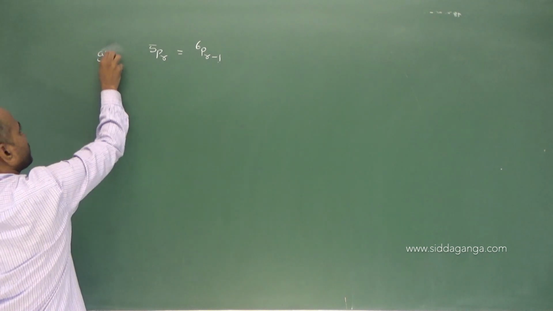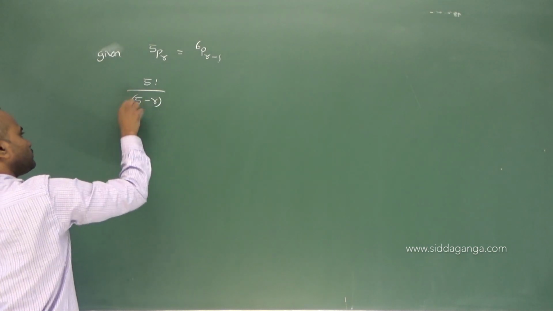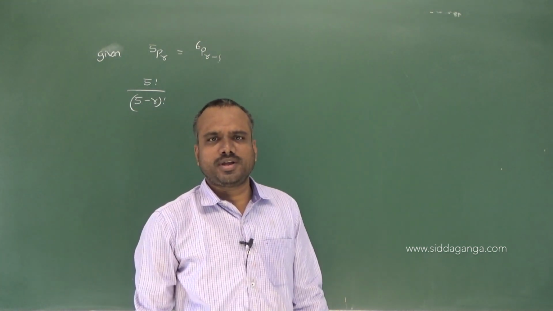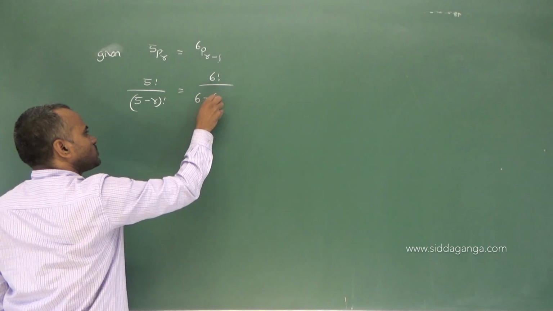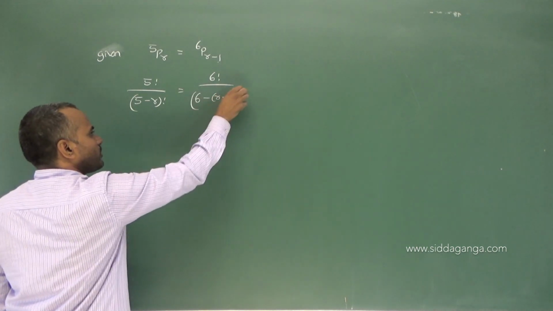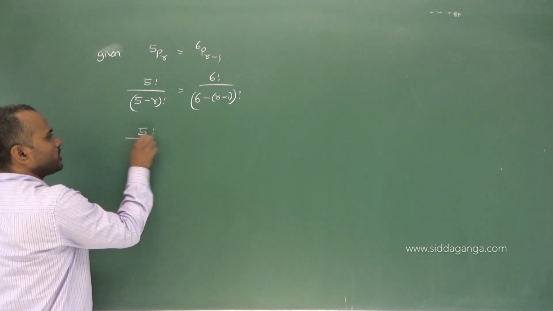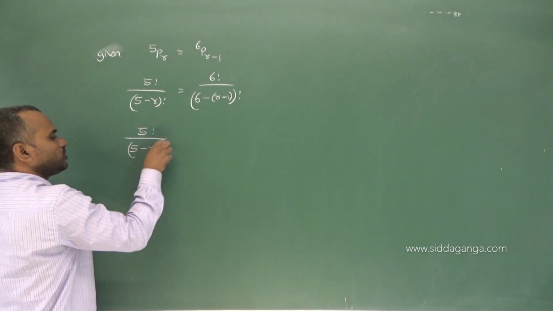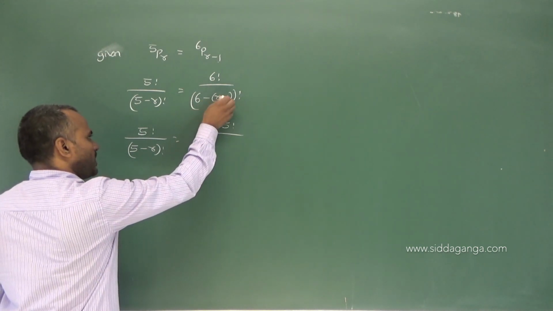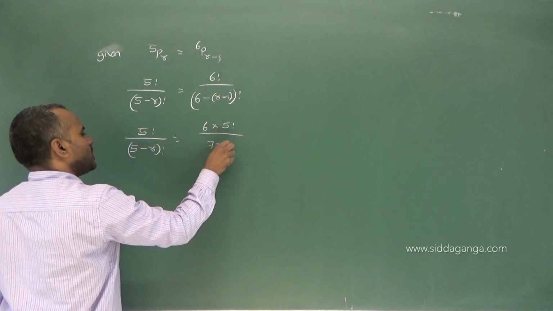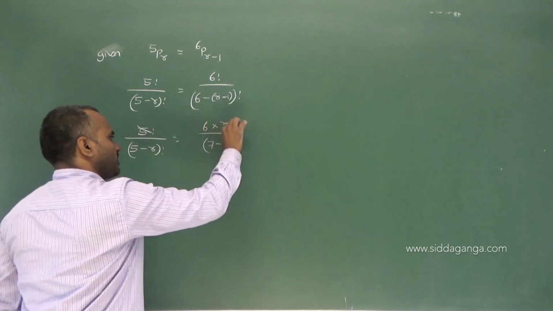Given 5 factorial divided by (5-r) factorial equals 6 factorial divided by (6-(r-1)) factorial. 5 factorial divided by (5-r) factorial equals 6 factorial, like 6 into 5 factorial, divided by (7-r) factorial. The 5 factorial gets cancelled.